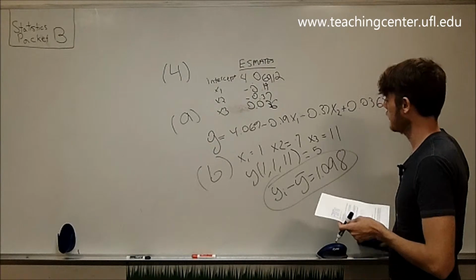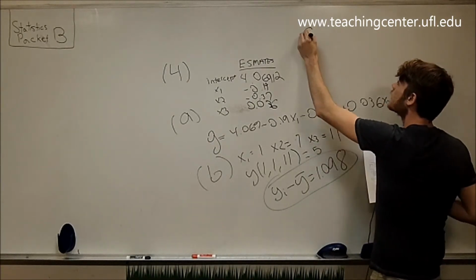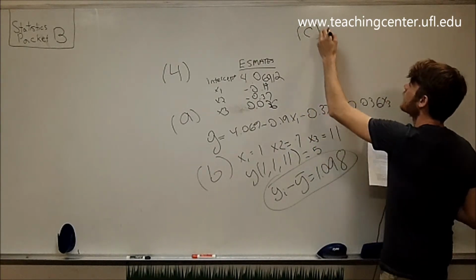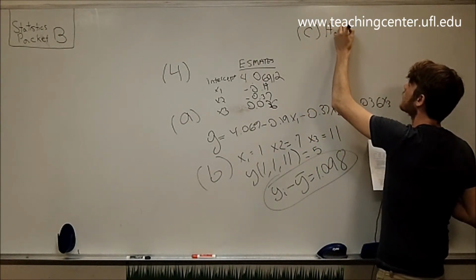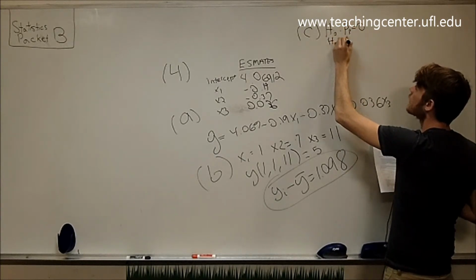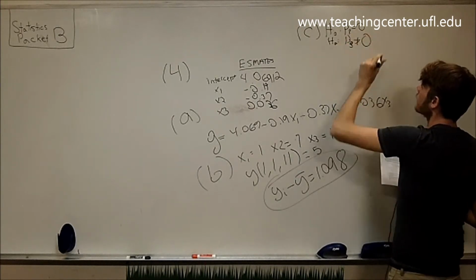Okay, and now for part C, let's do it up here. We want to do a hypothesis test: the null is beta 3 equals 0, the alternative is beta 3 is not 0.